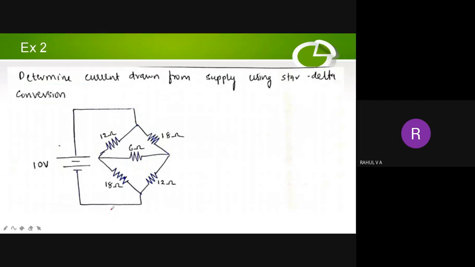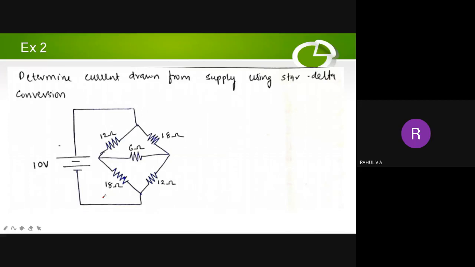Okay, now tell me which conversion we have to use to solve this diagram. Star delta conversion or delta star conversion?